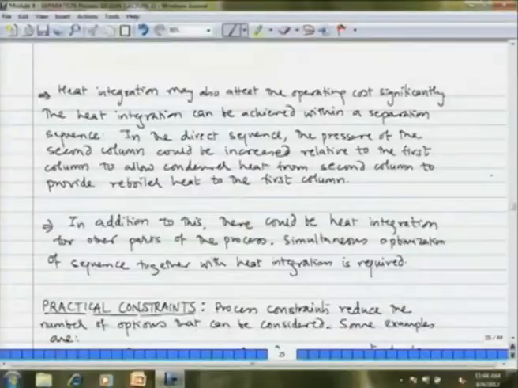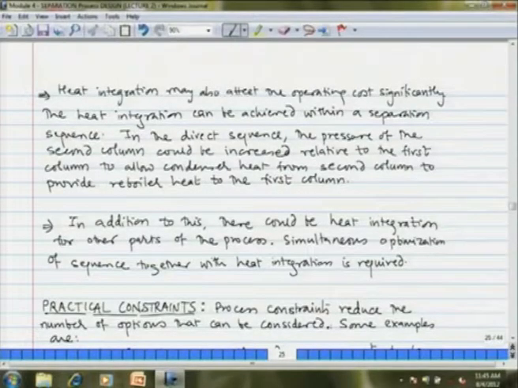For example, if you have a 6 component mixture, then you have as many as 42 different sequences, and choosing between the sequences is now a major decision. As the number of alternatives increases, the difficulty in making the decision also increases, because you have to evaluate the cost associated with each sequence, and there are two costs. First is the fixed cost and second is the operating cost.